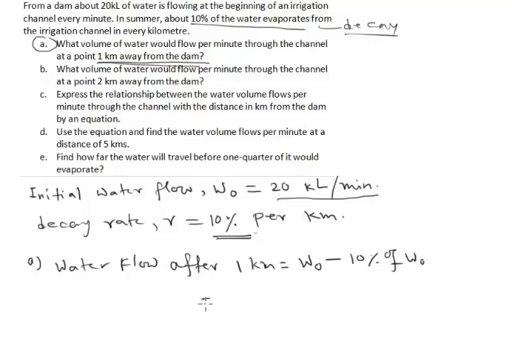W naught minus 10% means 10 divided by 100 times W naught, and 10 divided by 100 is 0.1.